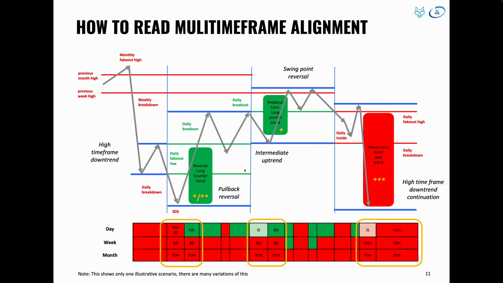So this was the pullback reversal in intermediate uptrend. Then you get a swing point reversal, and as soon as the daily rolls over again, so here you get a daily fake out high then, and the next day inside. So here you see day fake out high, next day inside, and then it rolls over and loses it completely, and you see you get alignment again.